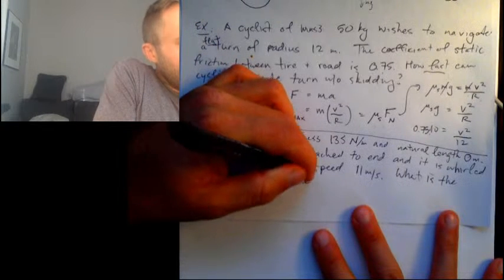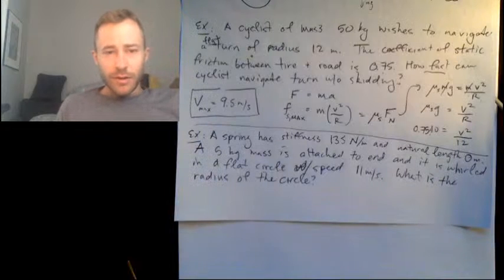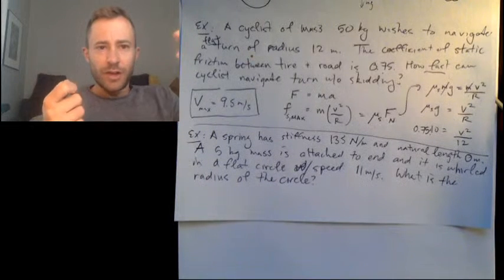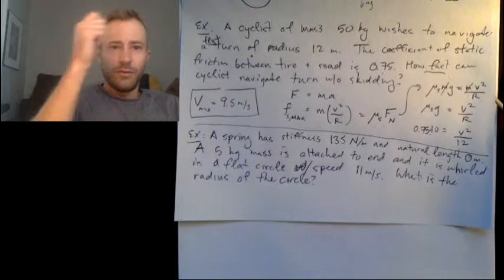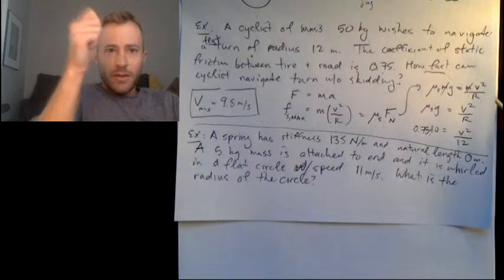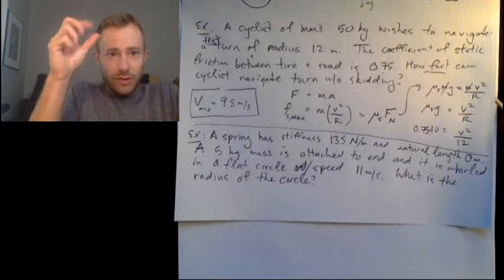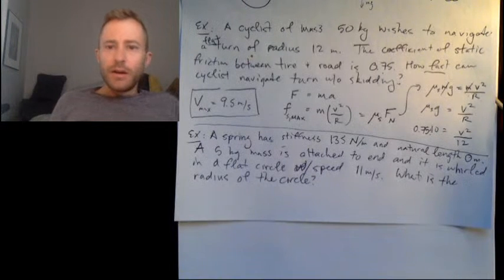As you might predict, you could try this at home. If you took a rubber band and tied something to the end of it and whirled the thing in a circle, the faster you whirl it, the more the rubber band is going to stretch.